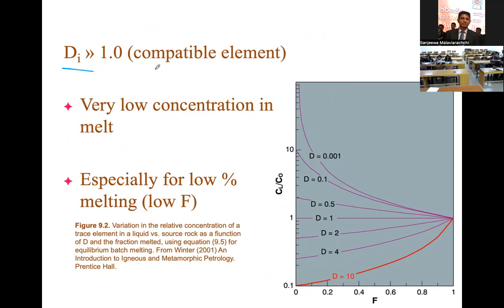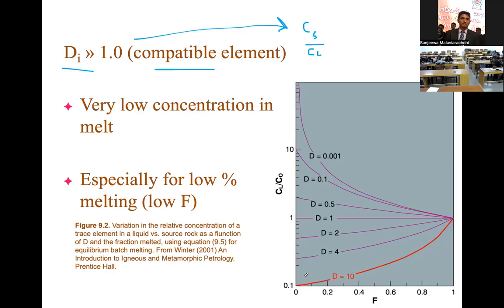That means compatible elements, so simply the concentration in the solid is greater than the concentration in the liquid. Therefore, we get this type of D greater than 1 situation. So what happens?